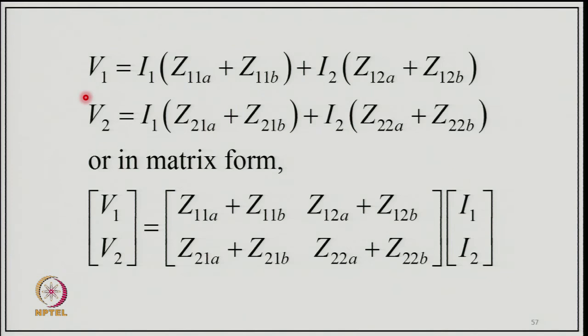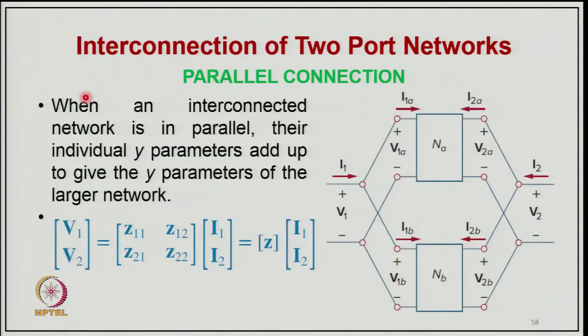Or in matrix form, we can write V1, V2 in terms of I1, I2 as Z11A plus Z11B, Z12A plus Z12B, Z21A plus Z21B, and Z22A plus Z22B. So, that is how the series interconnection works.